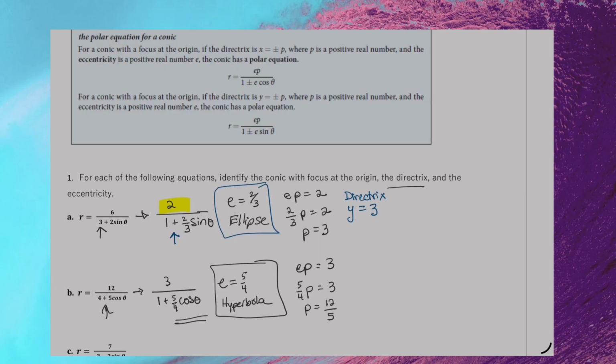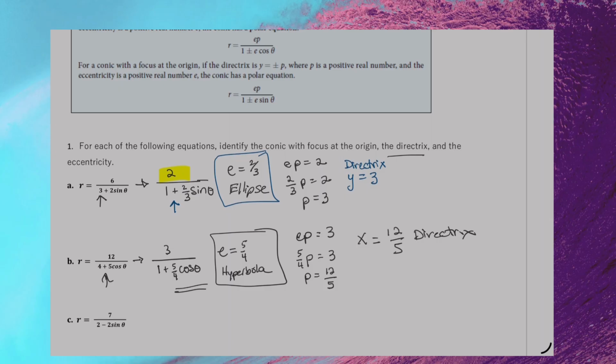The equation that we're working with has a plus in the denominator, so that's the top. So x equals p, which is 12/5, is the directrix here. We're not used to looking at directrix when it comes to hyperbolas, so I'm going to keep moving on and not focus too much on that. We identified the shape. It's a hyperbola, and we identified the p-value.